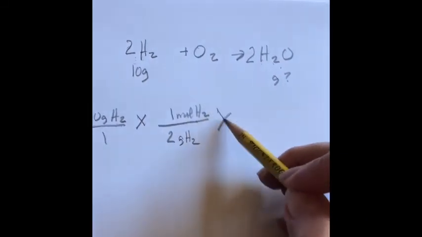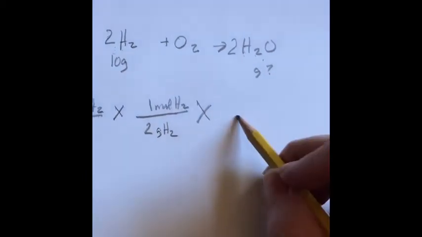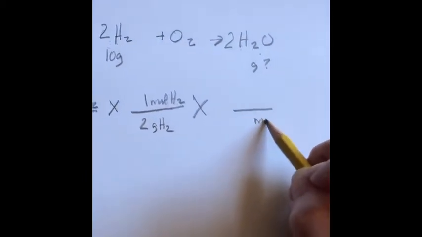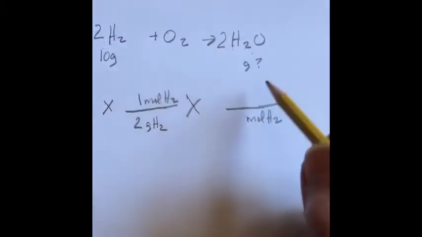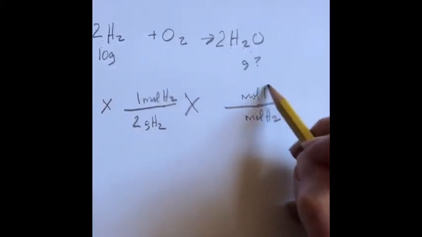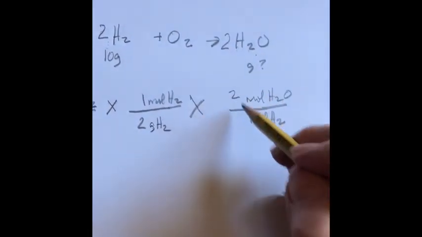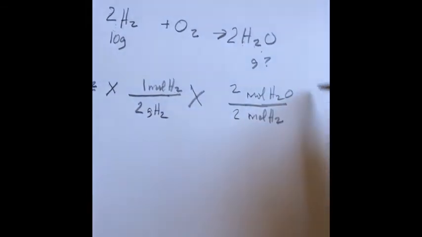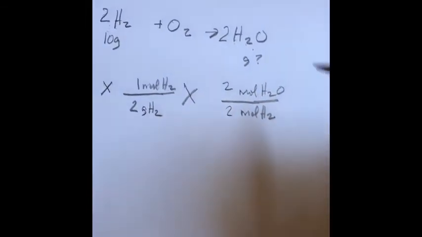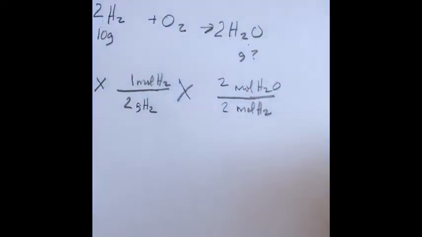So we're going to just put that in there. Remember, if you've got moles of hydrogen here in my ratio, I'm still going to put moles of hydrogen here. And then that relates to moles of water. And what is the ratio? It's a 2-to-2 ratio. This is the hardest part to remember to do, I'm just telling you, because this is something that's a little bit different than what you're used to.